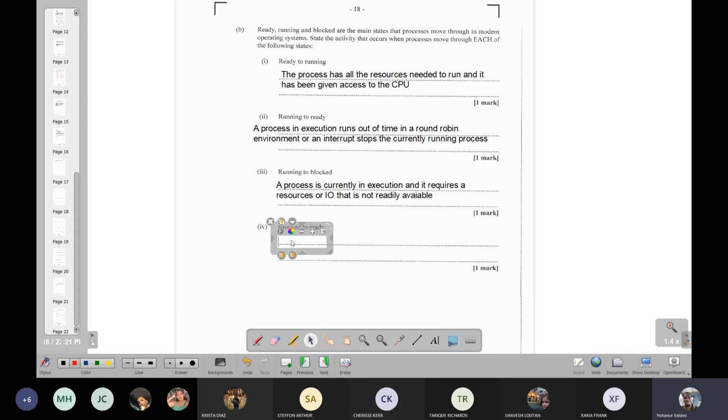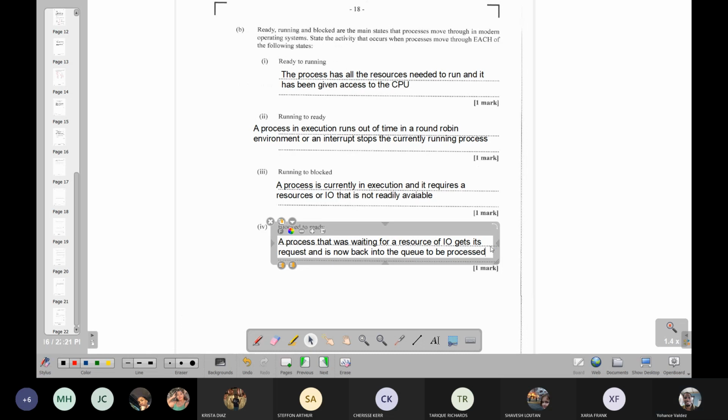And blocked to ready would be the process that was waiting for a resource or IO, which gets its request and is now back in the queue to be processed.